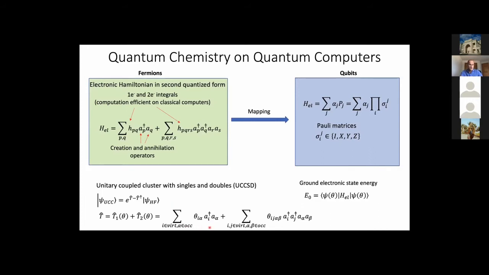By doing these excitations, where we introduce the electron configurations, singly excited and doubly excited, this method is called unitary coupled cluster with singles and doubles. And the goal is to find the ground state electronic energy.